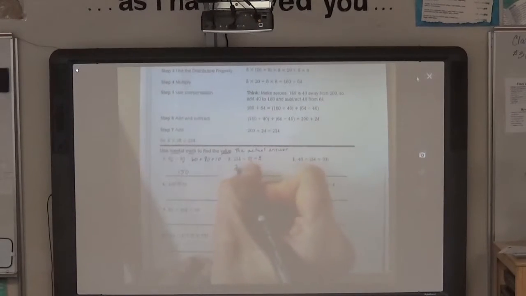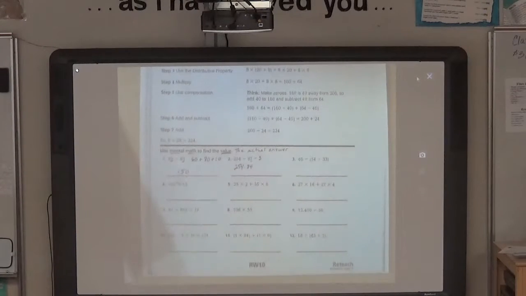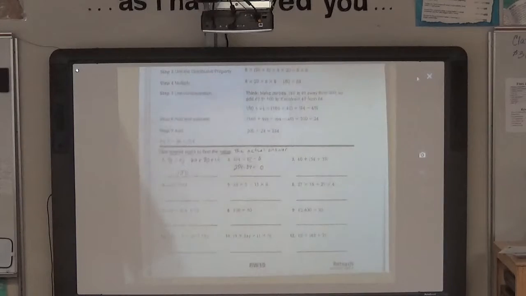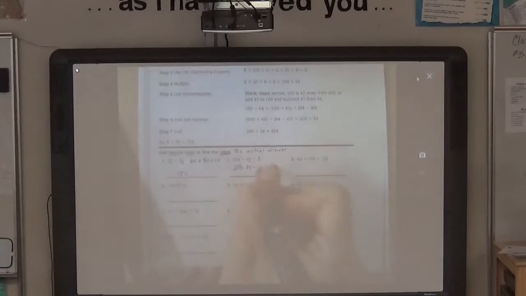So 254 minus 84. So then we can subtract the ones. 0 ones, so 250 minus 80. That's what we're left with. 250 minus 80. Anyone know that one?